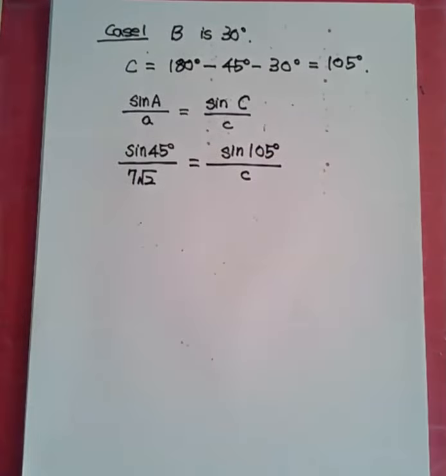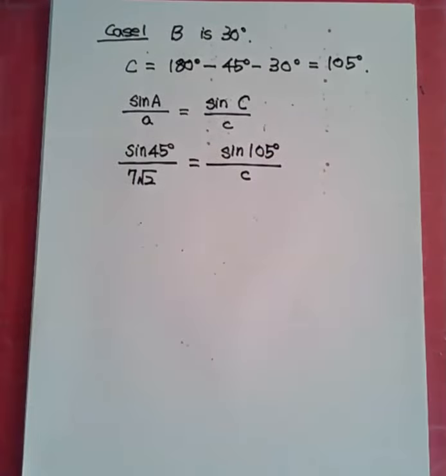All we have to do is solve for C. We multiply by C on both sides, then C times sine of 45 degrees over 7 square root of 2 equals sine of 105 degrees.